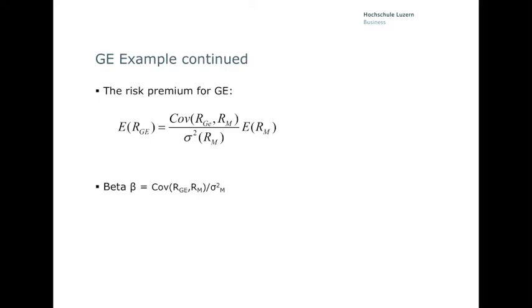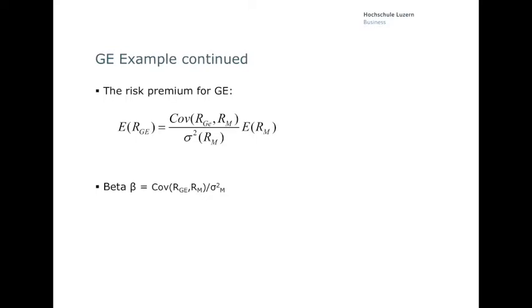To determine the fair risk premium of GE stock, we solve the previous equation for the expected risk premium of GE in the following formula, which is the covariance of the risk premium of GE and the risk premium of the market divided by the variance of the risk premium of the market times the expected risk premium of the market.